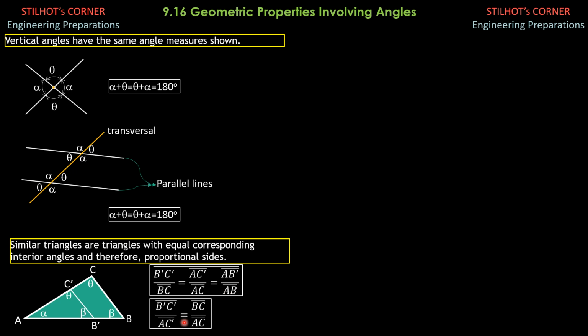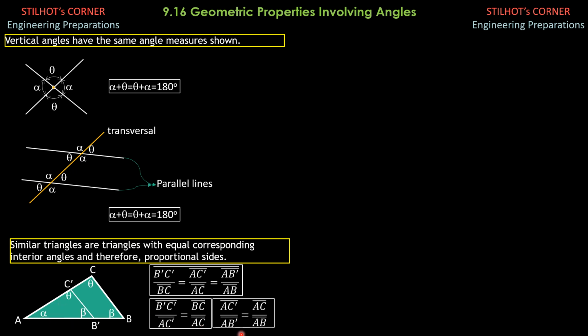So we have B'C', opposite of alpha, as to A'C', which is opposite of beta, so opposite of alpha as to opposite of beta for the smaller triangle. Then it is equal to opposite of alpha, which is BC, and opposite of beta in the bigger triangle, which is AC. That's why you have AC here.